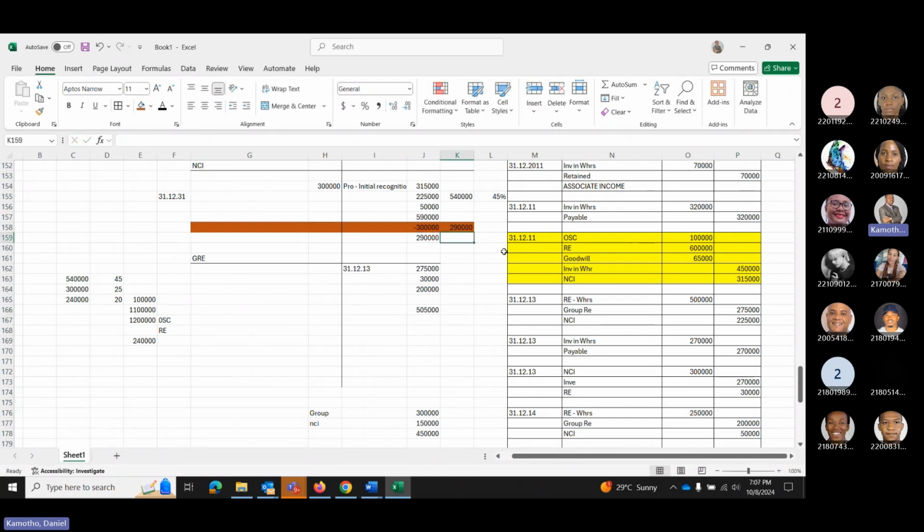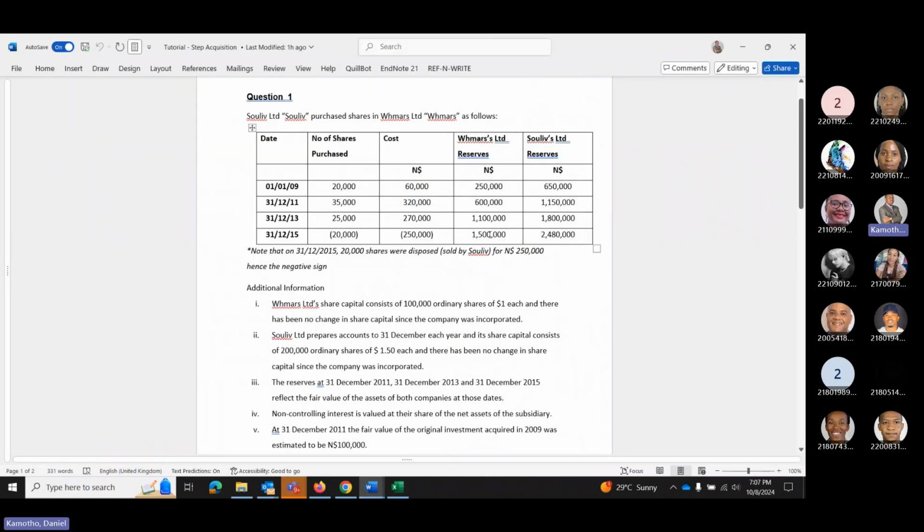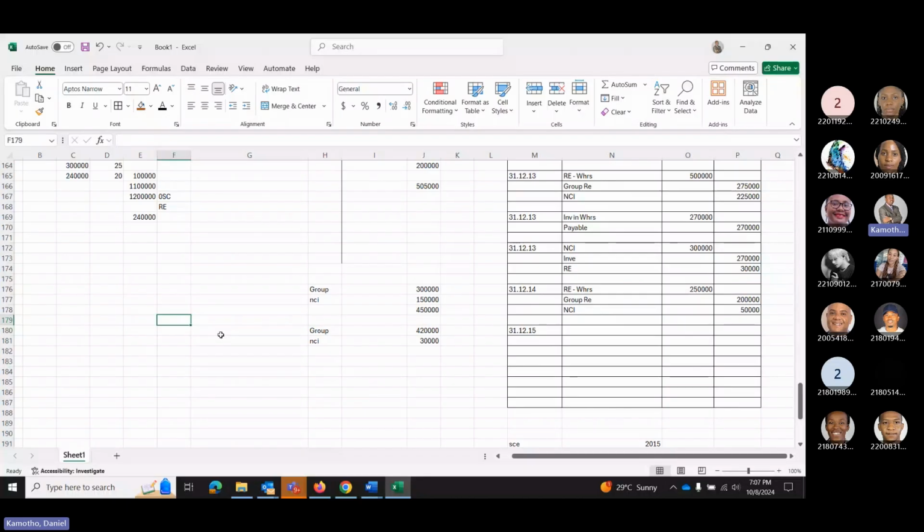And this represents 25% because they were 45, then they sold 25. We can do a recheck at that date. The total here is 1.5 as retained earning, and we want to see the value of NCI. The ordinary share capital is 100,000, and the other one is 1.5 million.